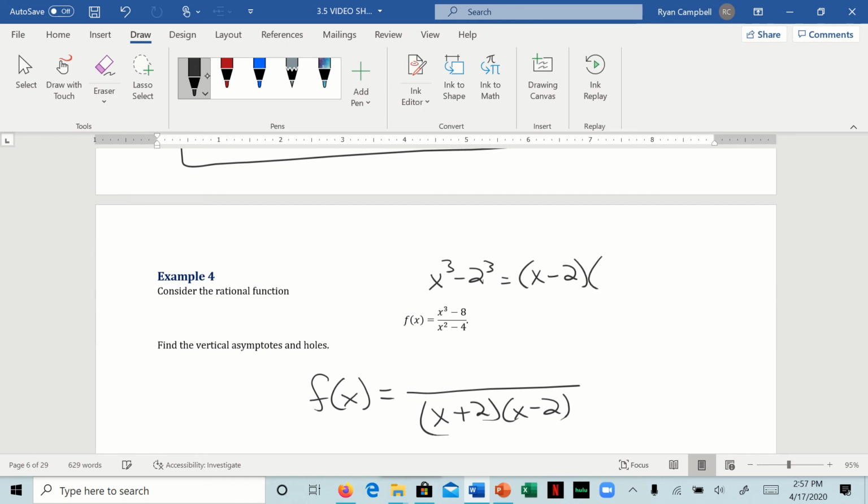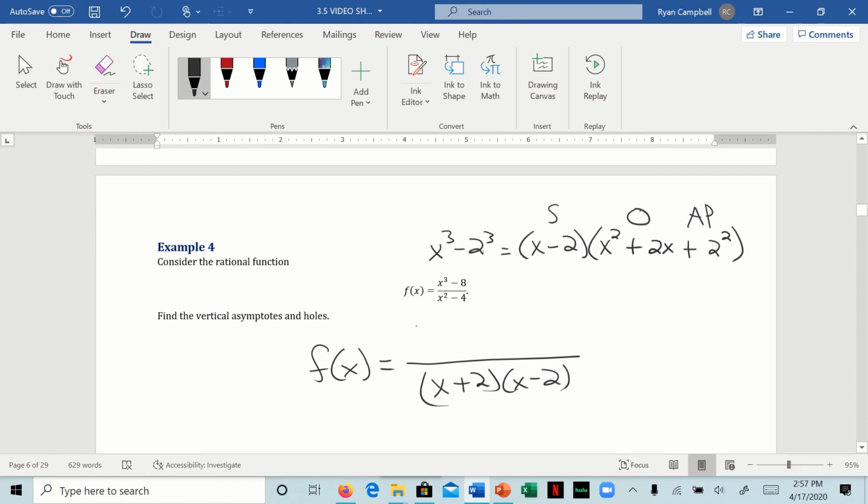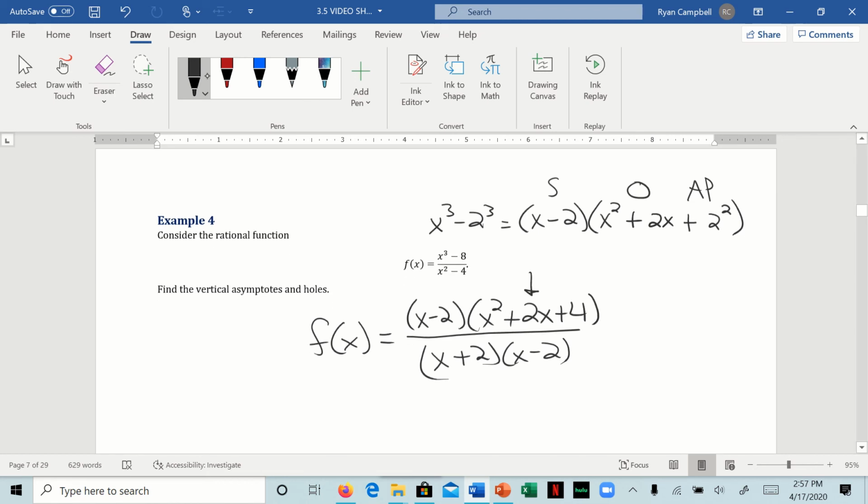So also minus x squared, opposite, plus 2 times x, and then always positive. So plus 2 squared. So we can see that we get x minus 2 times x squared plus 2x plus 4. And we don't have to check this. This doesn't simplify anymore.